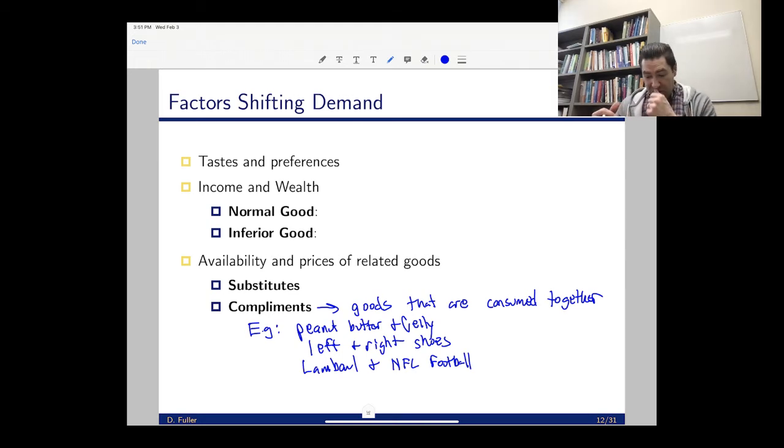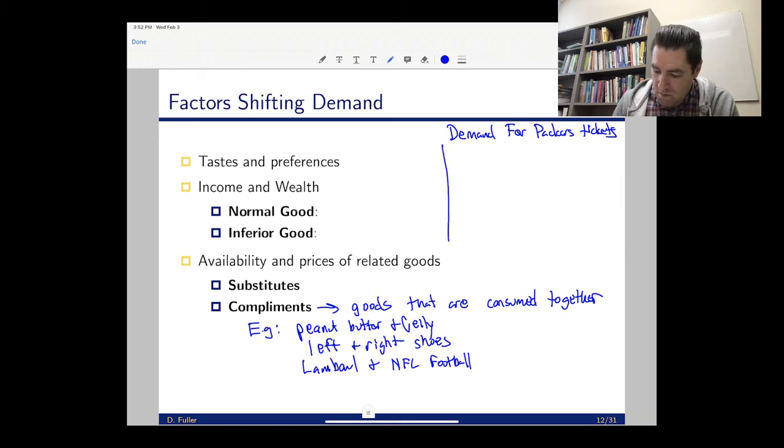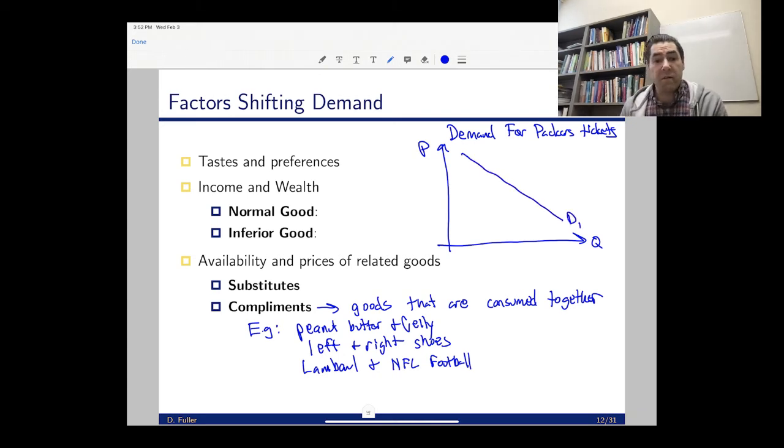Right? So how does this work with respect to demand? So let's stick with my Lamb Bowl and Packers tickets. And so if I look at demand for Packers tickets, quantity and the price, if the price of a Lamb Bowl increases, then my demand for Packers tickets goes down because those are complementary goods, right?